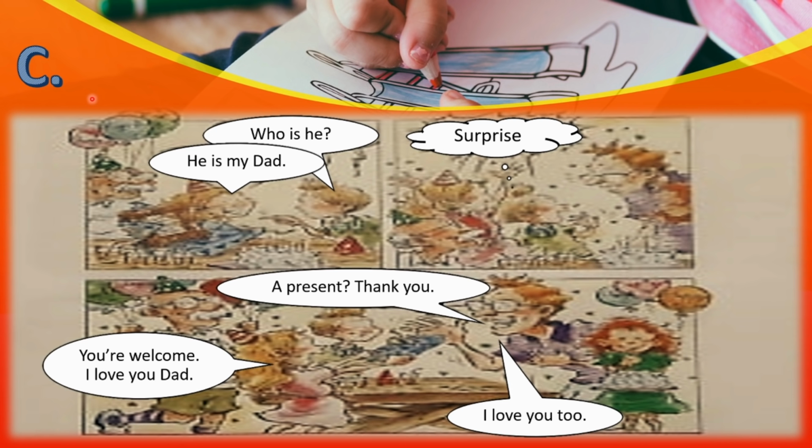Now let's proceed to activity letter C. Talk, listen, and read. Okay, first, I'll be the one to read the dialogue, and after that, you are going to have your chance and time to read it by yourself. Now first, I'll be reading it, so you need to listen. Okay?